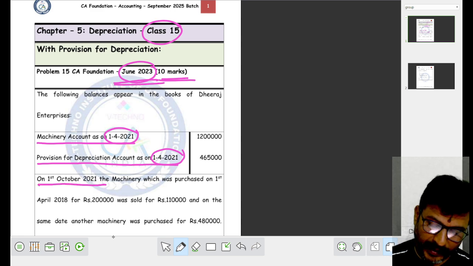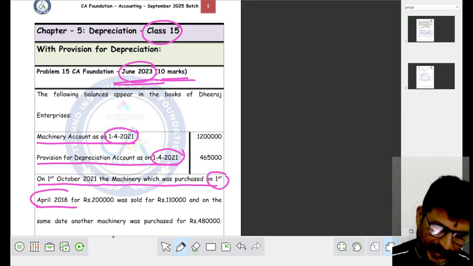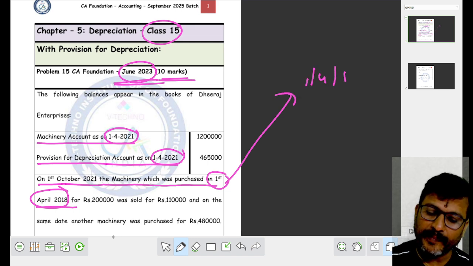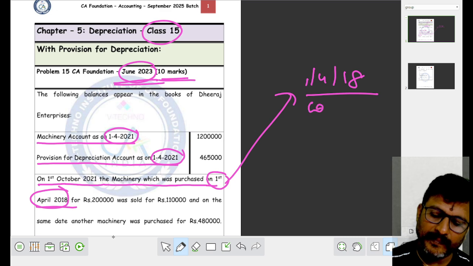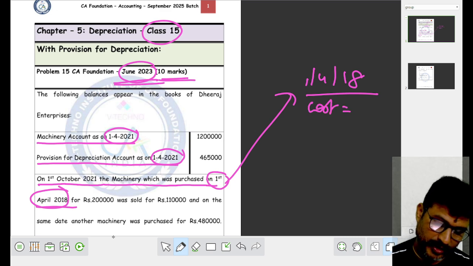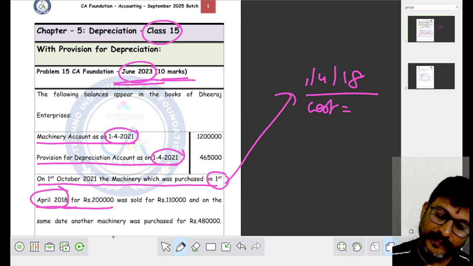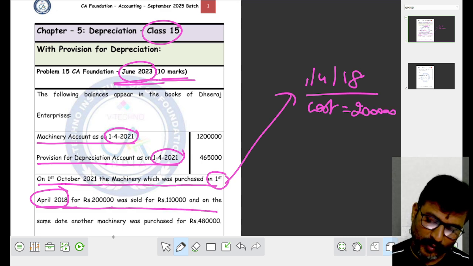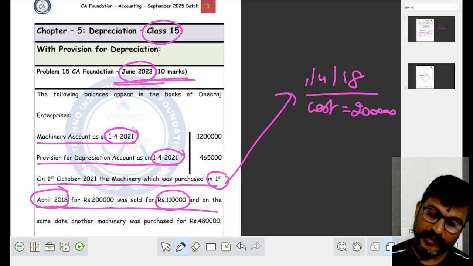On October 21, machinery which was purchased on 1st April 2018, costing rupees 2 lakh, was sold for rupees 1 lakh 10,000.